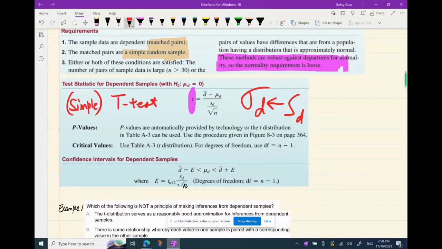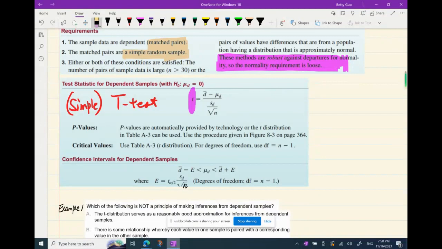If you go back to section 8.3, you would see how we test a claim regarding a population mean. This section is in essence the same as that section.